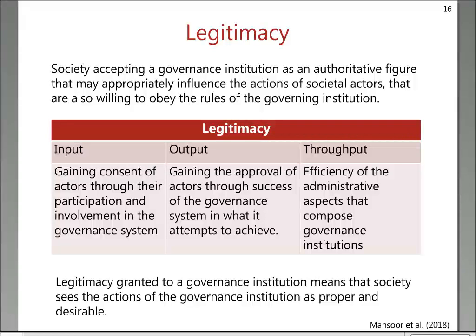And throughput is, among other things, about how effective the administration of these systems is and what the resources needed to achieve the goals are. So this is a precondition to obtain trust: that the systems are legitimate and that they are perceived as legitimate. In this presentation, we will mostly focus on the output and the throughput legitimacy.